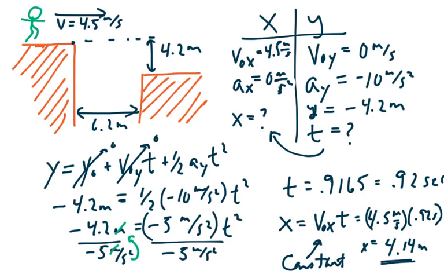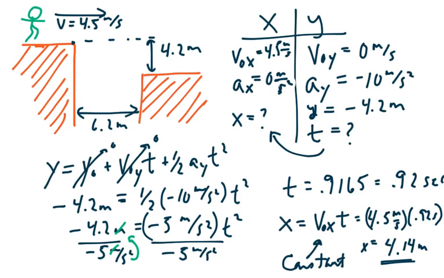Okay, no good. So now I'd like to change up this problem to go a little bit further. What speed would he need to actually make this jump? Let's take a look.